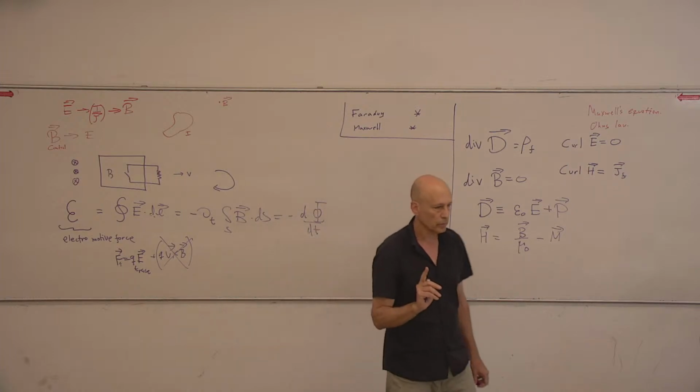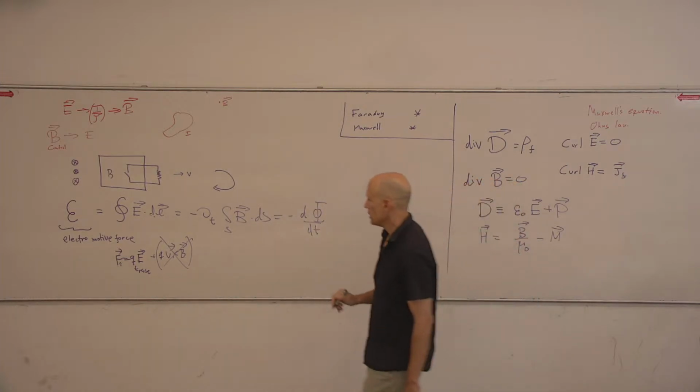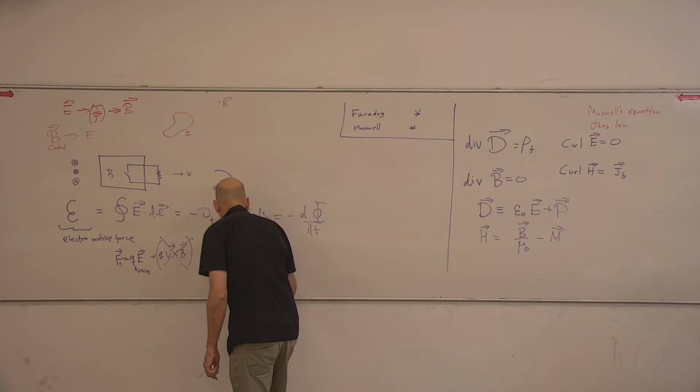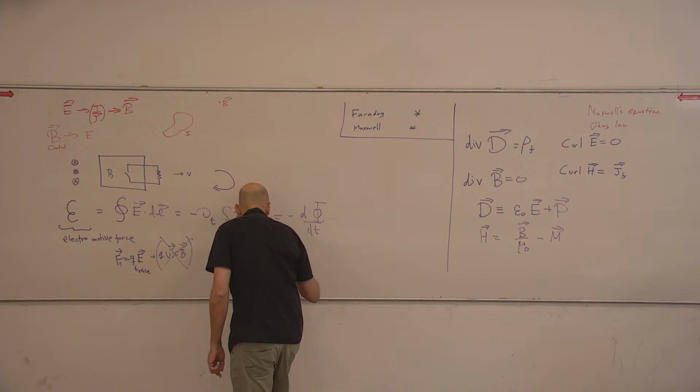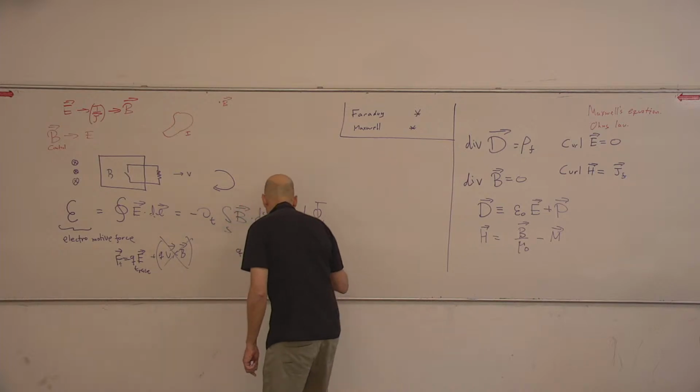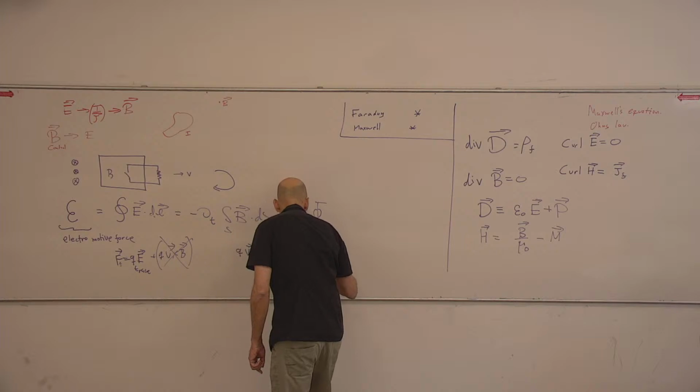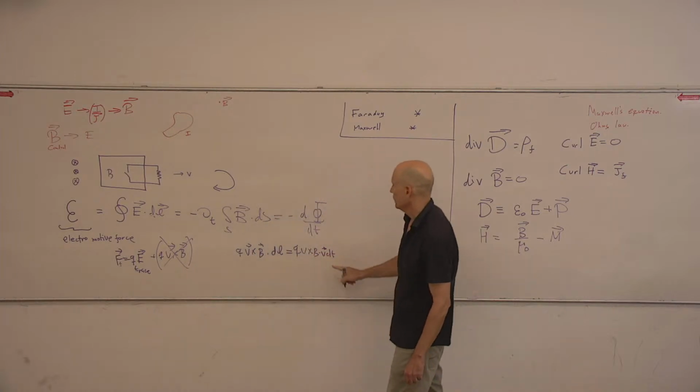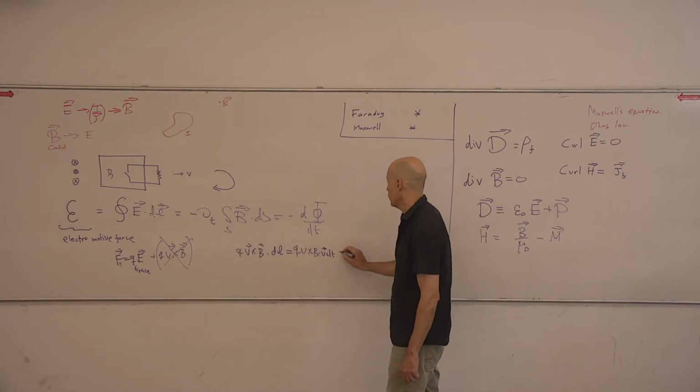Clear or not clear? It's simply because qV cross B dot dl is equal to qV cross B dot V dt along the path that I'm going. This is going to be equal to 0.